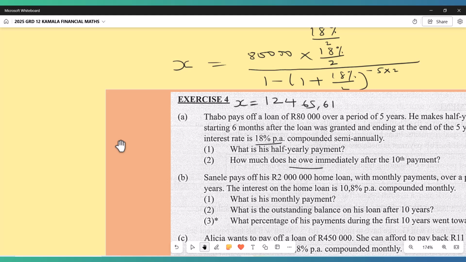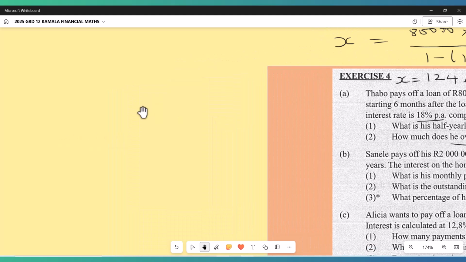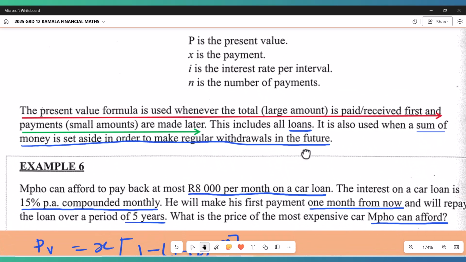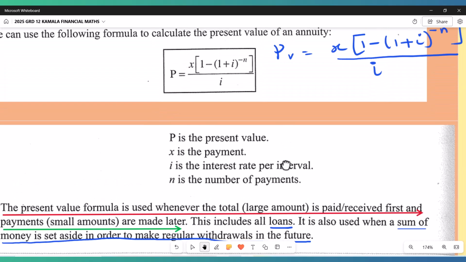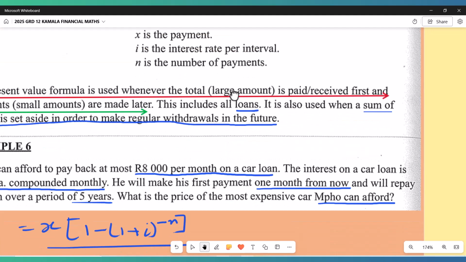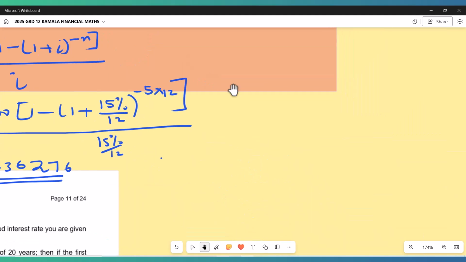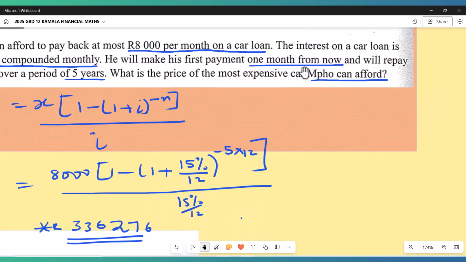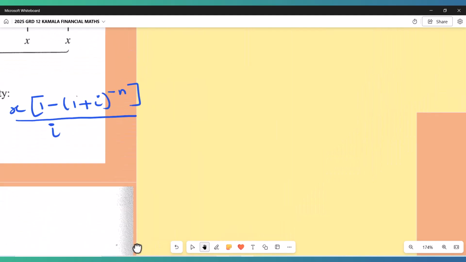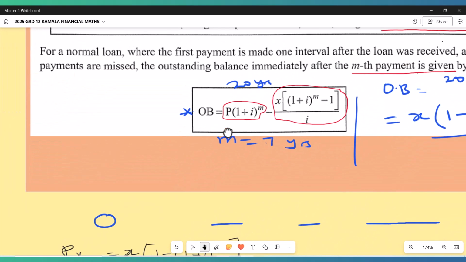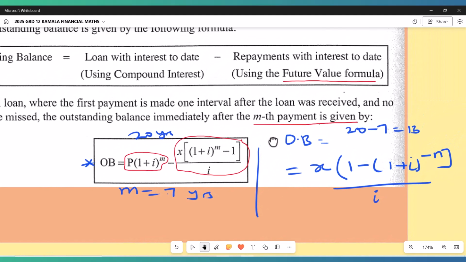Okay, I'm going to show you here. We said that if you know the payments done so far, then you can use this formula for the outstanding balance. We have the compound interest formula minus this one here.